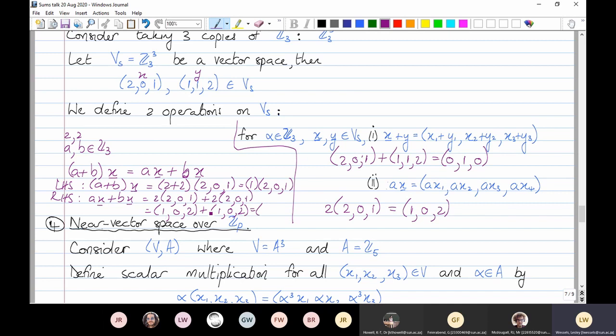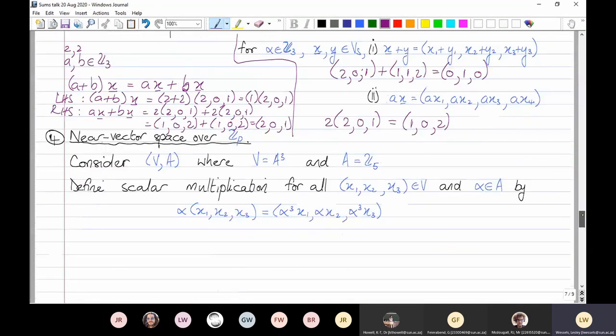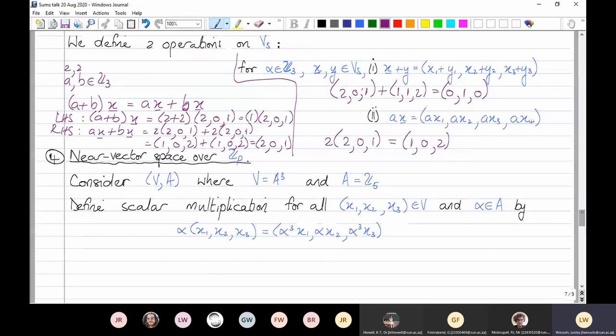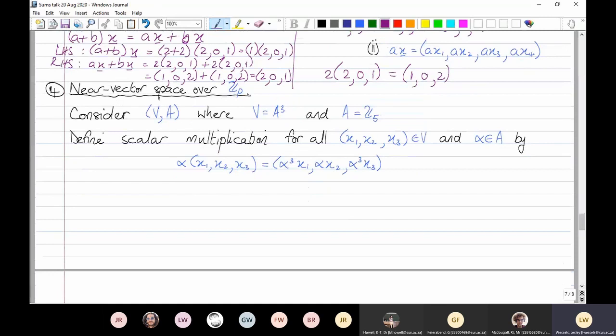If I add them together, I get 2, 0, and 4, which is 1. Okay, so for vector spaces, that is true. That is the main difference between vector spaces and near vector spaces. But let's first look at how we define a vector space, or not the definition, in terms of an example.